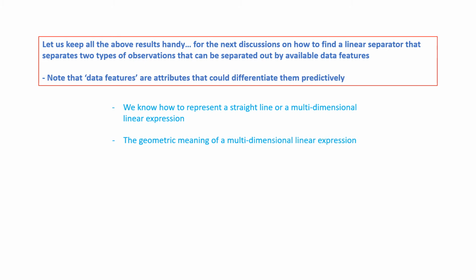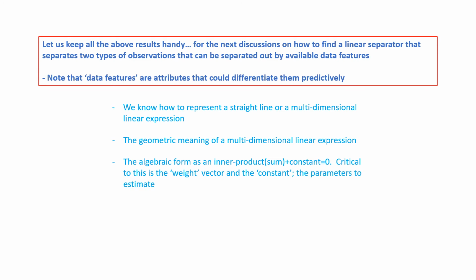And we also know the geometric meaning of a multidimensional linear expression, and the algebraic form as an inner product sum plus constant equal to 0. It's a very, very important understanding. Critical to this is the weight vector w and the constant, the parameters to estimate. And we know how to find the distance between a point and a line or a linear function, whether it is two-dimensional or multi-dimensional. So these are some critical summaries that I will continue to refer to in the next slides.